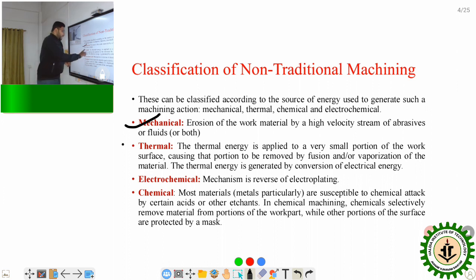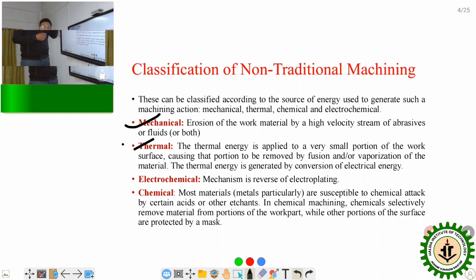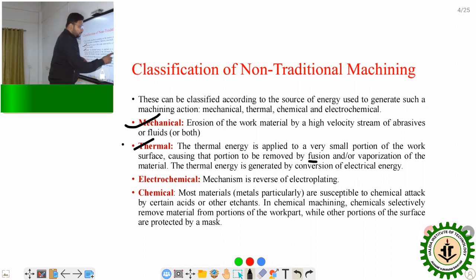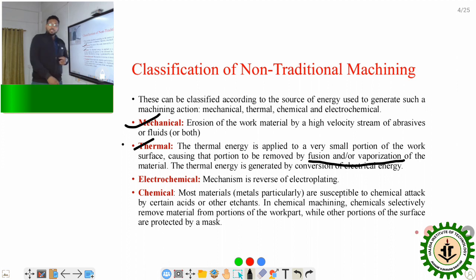Now there may be a third energy source. In the case of a thermal energy source, the thermal energy will be applied on a particular area. In that area, the temperature of the workpiece will increase, and it will melt and vaporize the workpiece material by using the fusion process. As a result, the removed or burnt material will be flushed away by some flushing pressure or flushing equipment. Then there is another type of source for non-traditional machining, which is electrochemical machining.